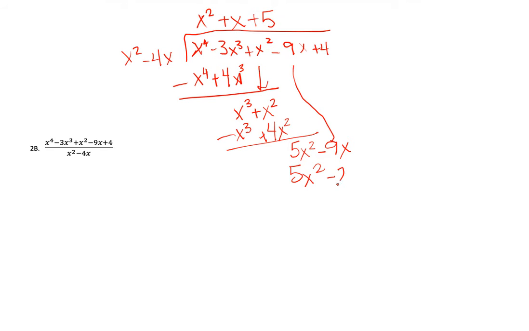And negative 20x. I'm subtracting. So I have 11x and plus 4. And that's all the further I can go. So it's going to be 11x plus 4 over my x squared minus 4x. Okay, so that was kind of messy.